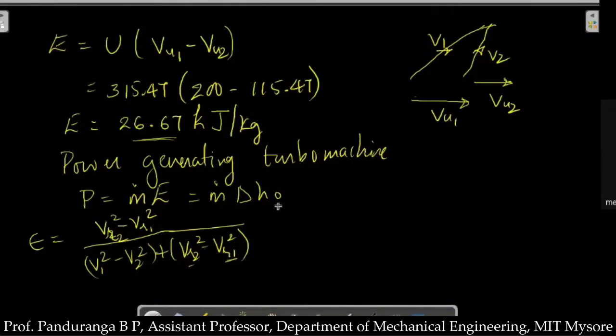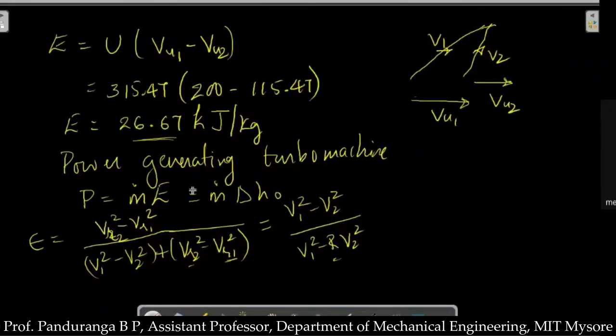Or if you remember, utilization is also given by V1 square minus V2 square divided by V1 square minus R into V2 square. So if you know the degree of reaction, then you'll be able to find out energy utilization factor with the available data. We have calculated V1 and V2 already. So with that, you will be able to find out utilization factor.